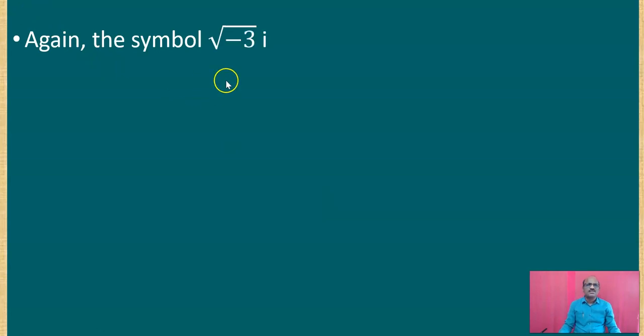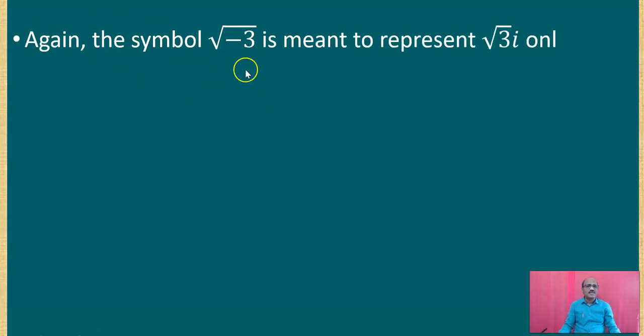Again, this symbol root of minus 3 is meant to represent root 3 into i, because minus 3 means 3 into minus 1, and minus 1 means i square, and what is the square root of i square? It is i. Therefore, root of minus 3 is root 3 into i only.